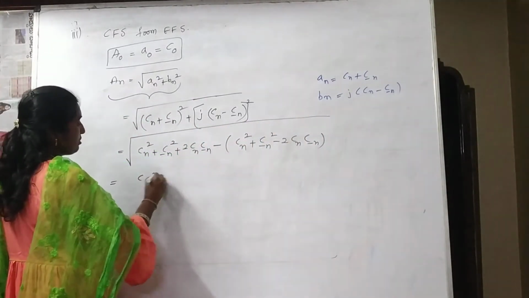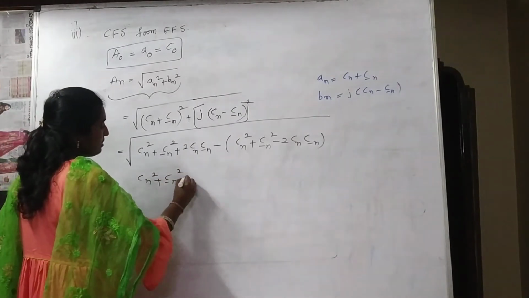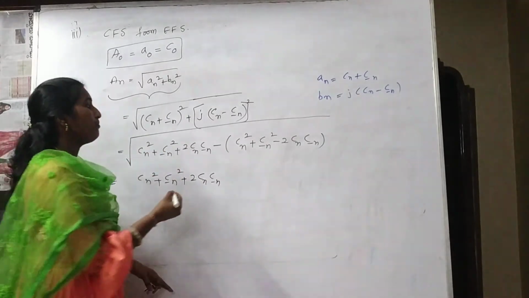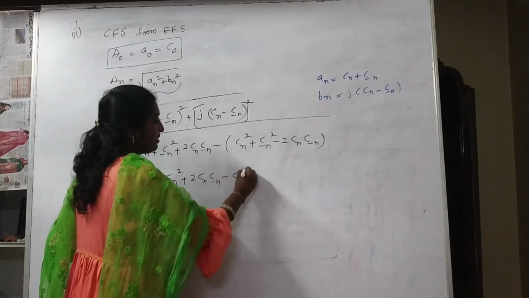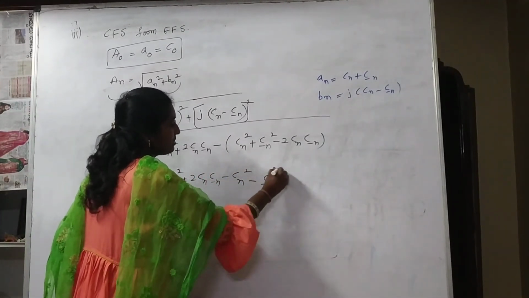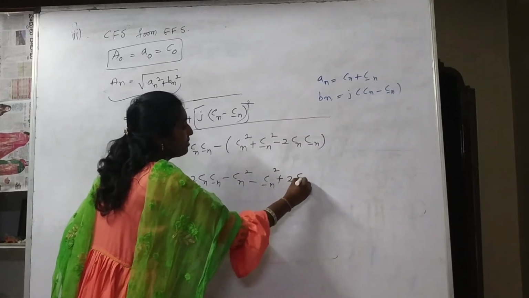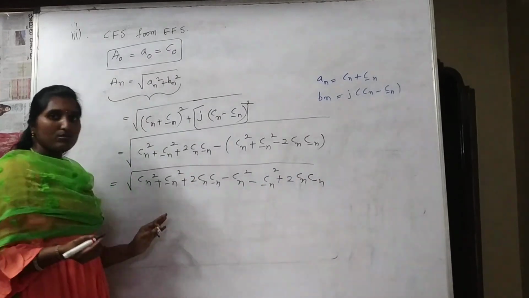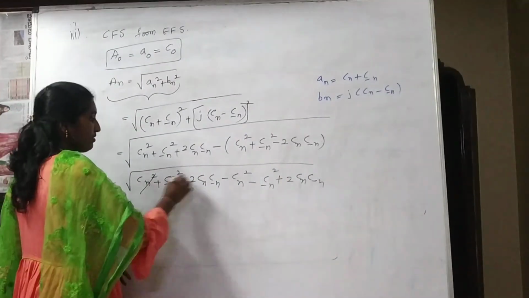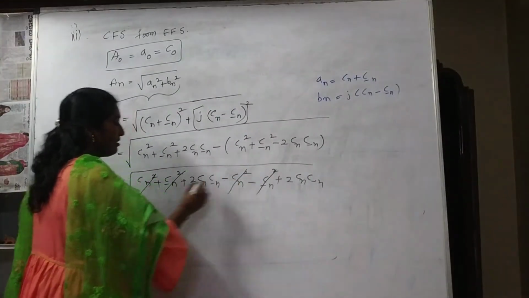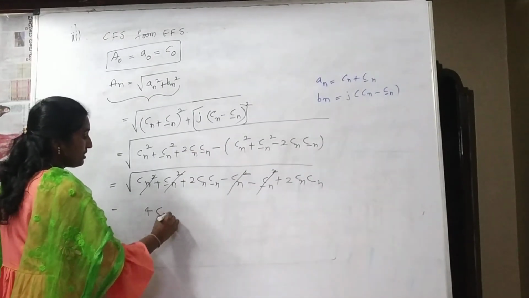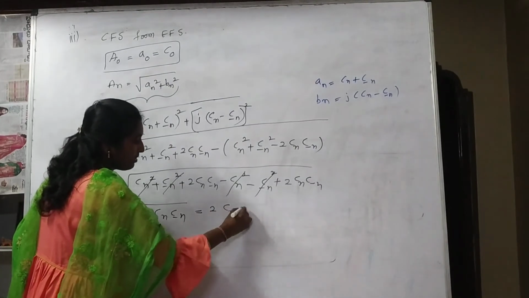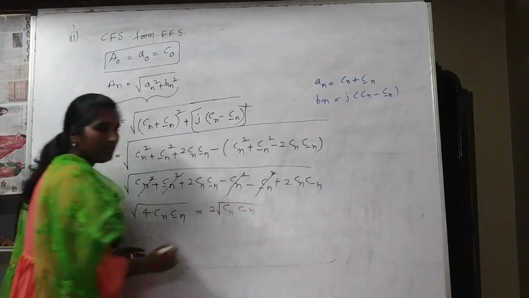Then cn square plus c minus n square plus 2cn c minus n, and this minus inside the braces gives minus cn square minus c minus n square plus 2cn c minus n. Which terms are going to be cancelled? Check. Cn square and c minus n square cancel, and 2 times 2cn c minus n gives 4cn c minus n, that will be 2cn and c minus n.